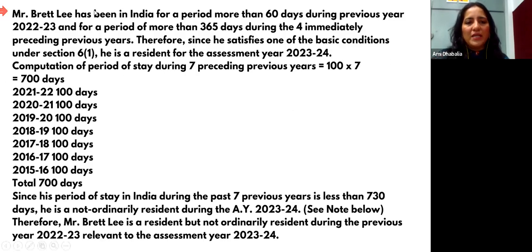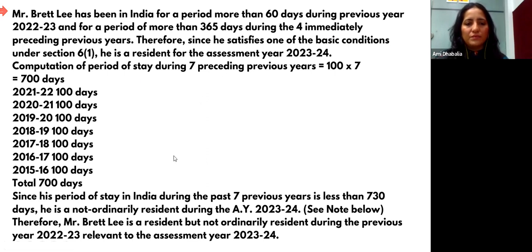So Mr. Brett Lee has been in India for a period of 60 days during the previous year and a period of more than 365 days in the 4 PPYs. Therefore, since he satisfies one of the basic conditions under section 6(1), he is a resident. Now let's calculate whether he is a ROR or a RNOR. The computation of period of stay for the 7 years is 700 days.